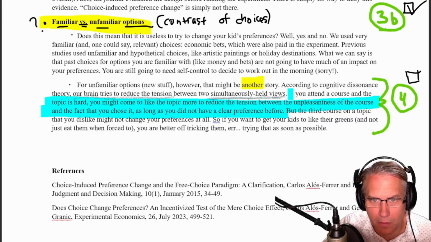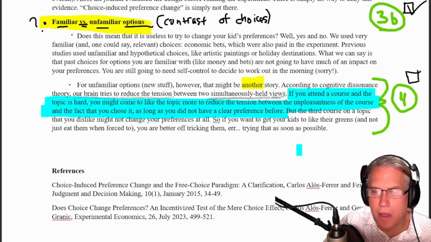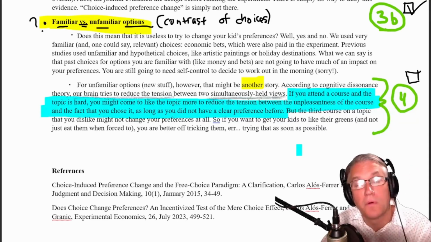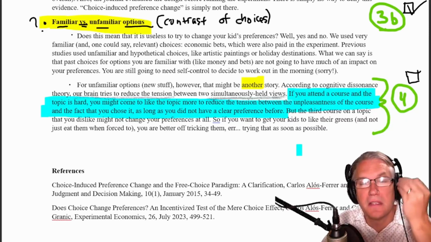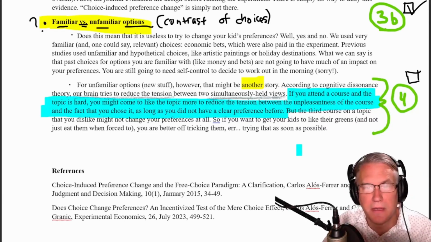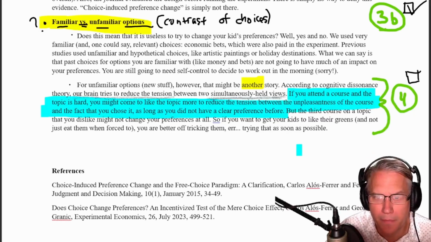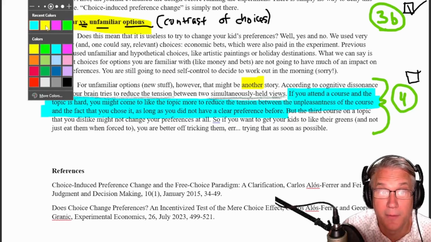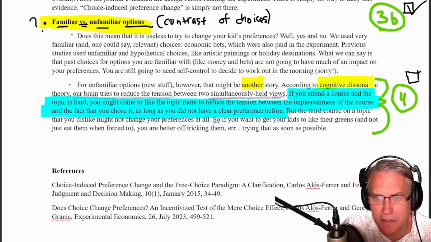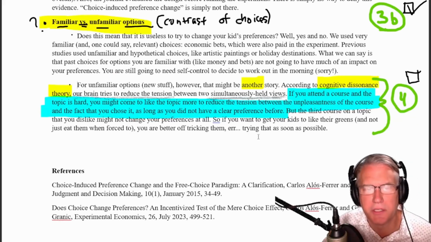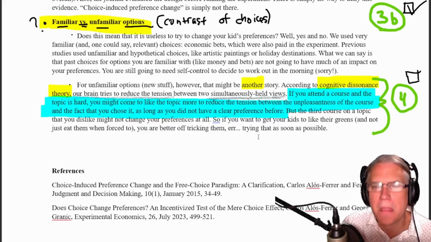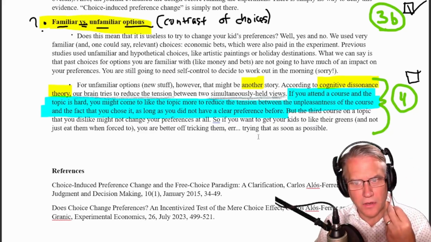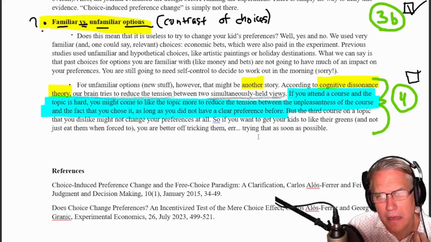Here we go. Okay, so for example, here's a specific example to try to explain this idea of cognitive dissonance theory. All right. So, what is the explanation? Here's the explanation. If you attend a course, right?